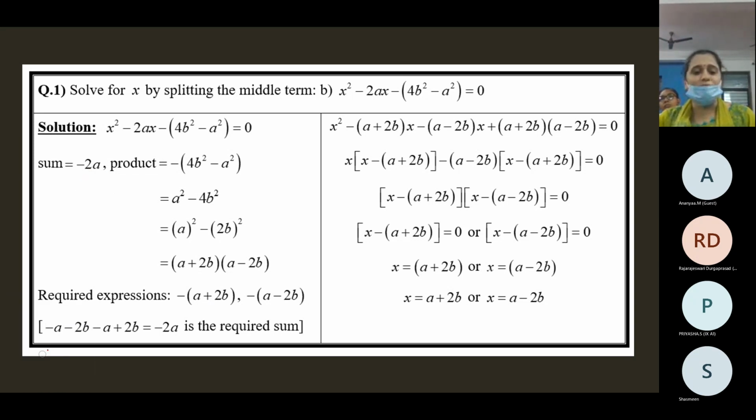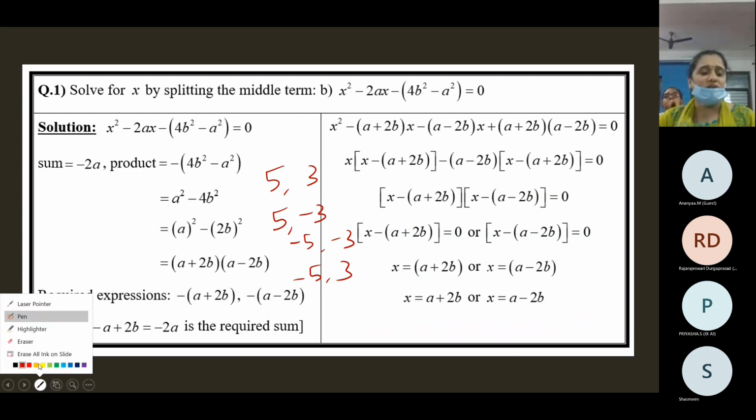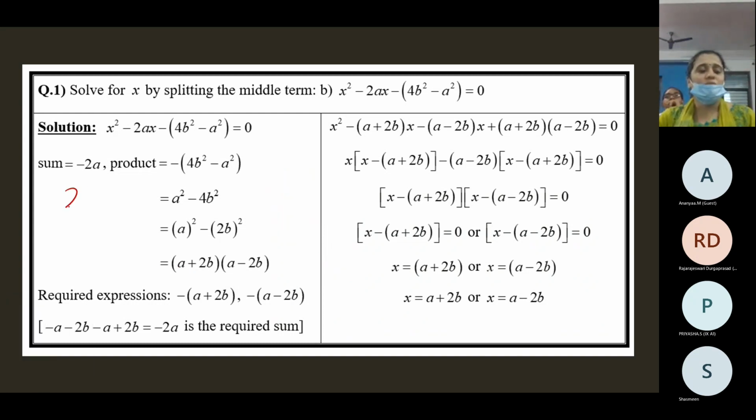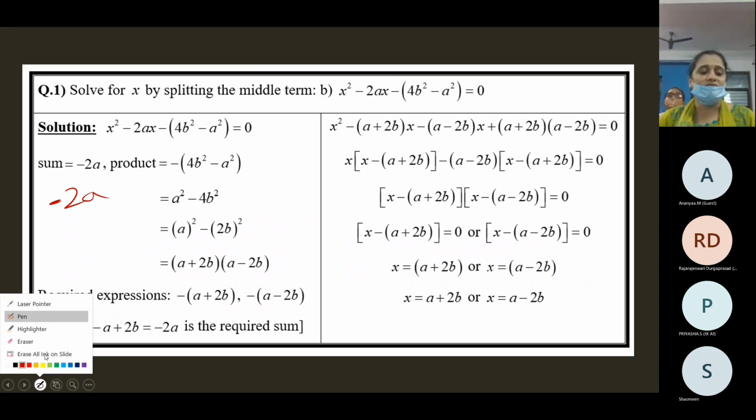So like what you do with numbers, when you have numbers 5 and 3, you try plus 5 and minus 3. Then you will try minus 5 minus 3, or you may try minus 5 and plus 3. Like this, you do the same thing for this. Fix different signs for the expressions, and try which pair will give you the sum as minus 2a, not just 2a, minus 2a.